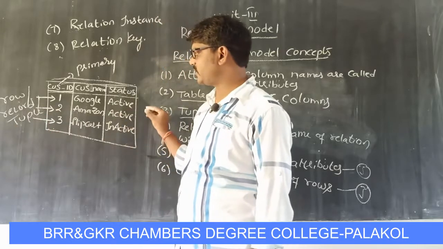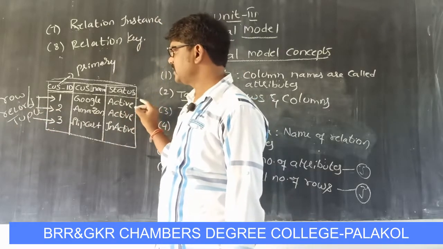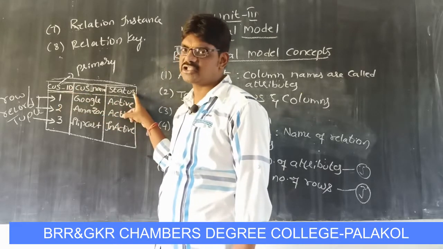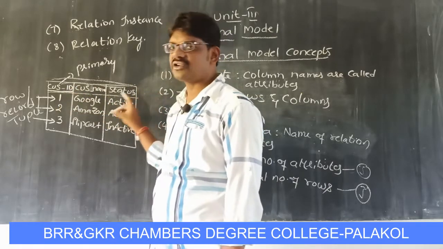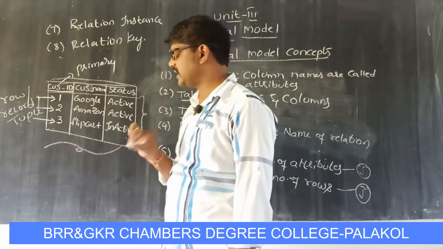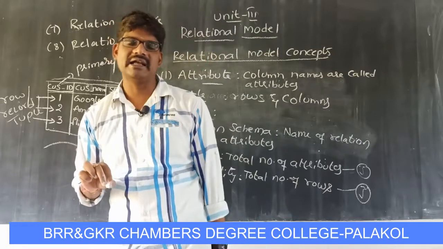What is the degree of the table? The number of attributes is known as the degree of the table. The number of rows in a table we call the cardinality.